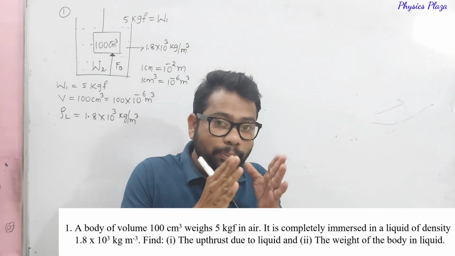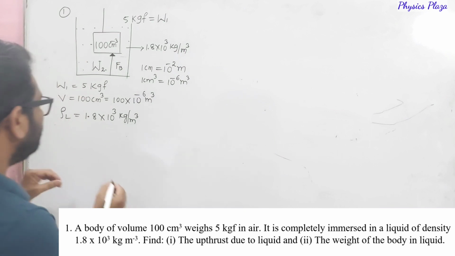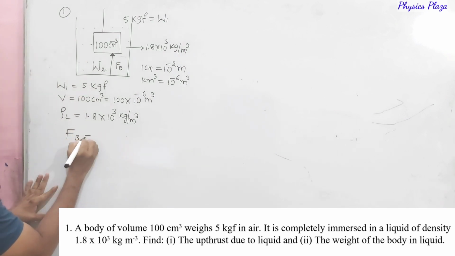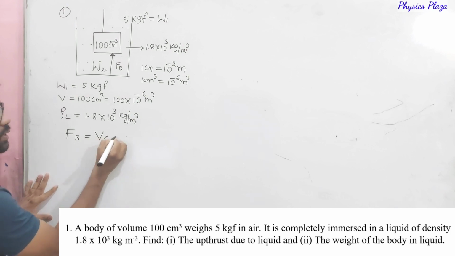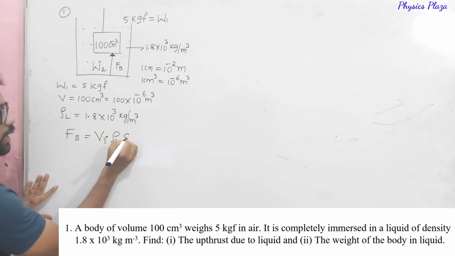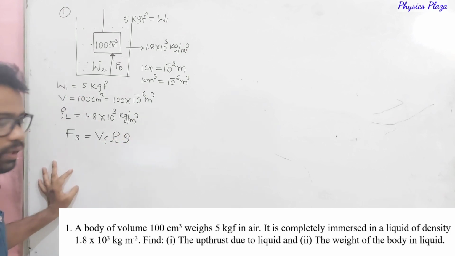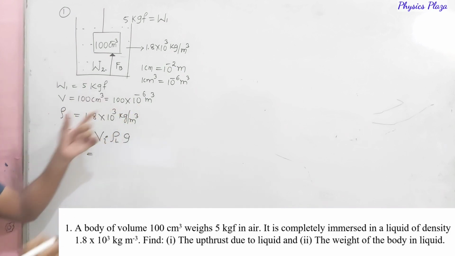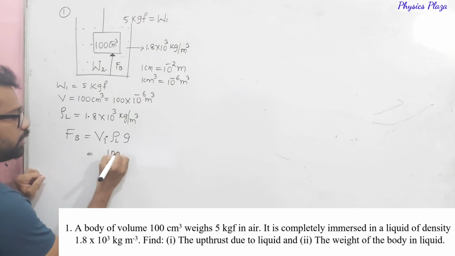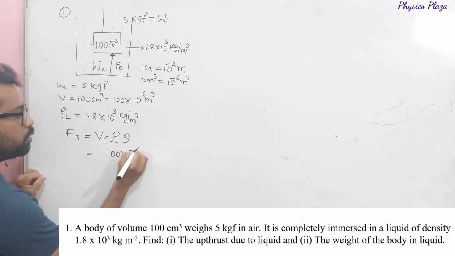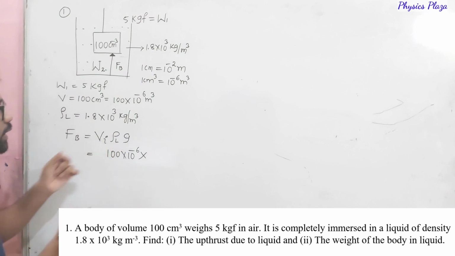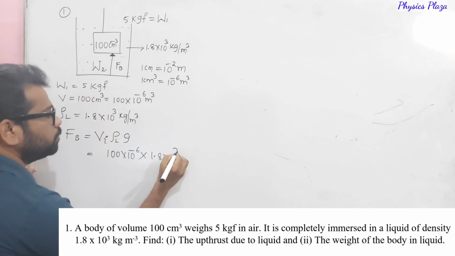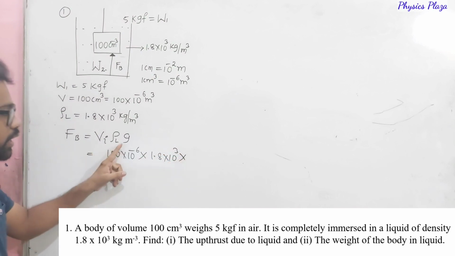Upthrust FB is equal to volume of the body immersed times density of the liquid times g. So we write 100 into 10 power minus 6, and density of the liquid 1.8 into 10 power 3, and the g value.